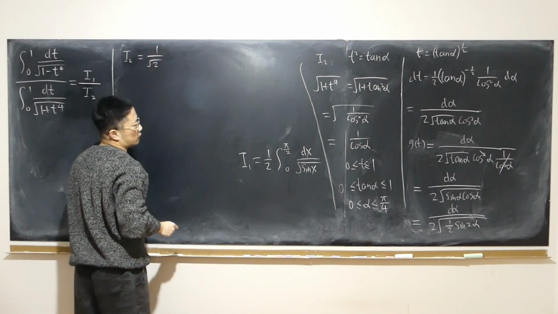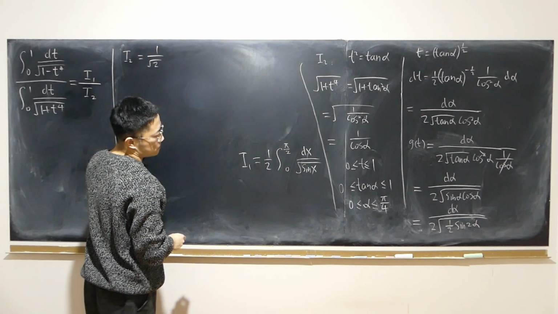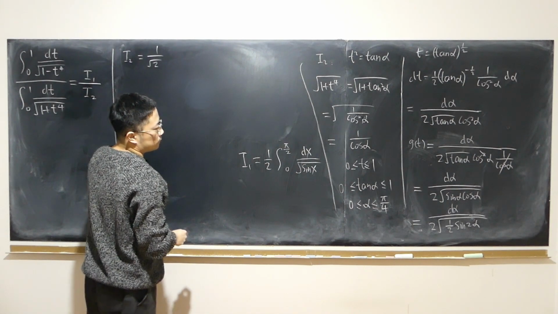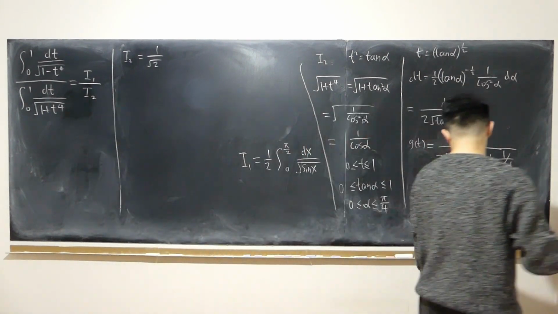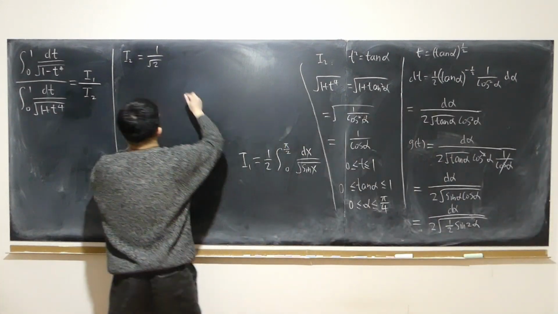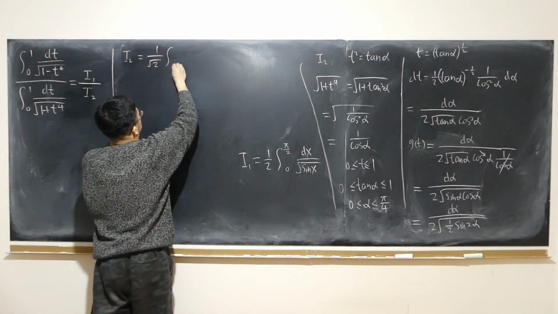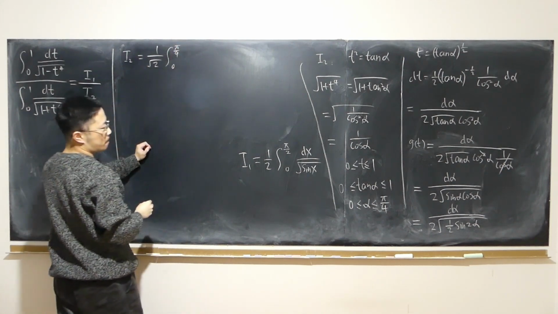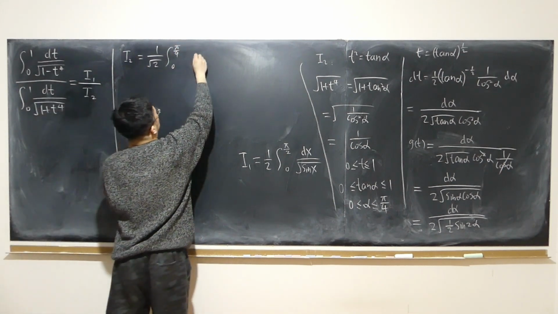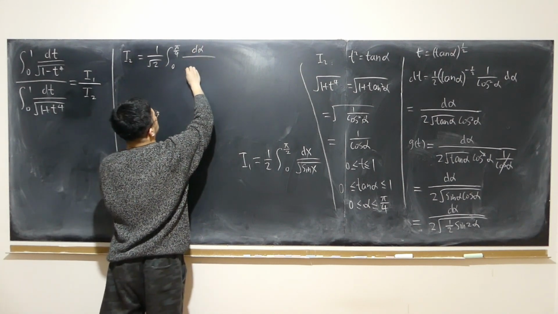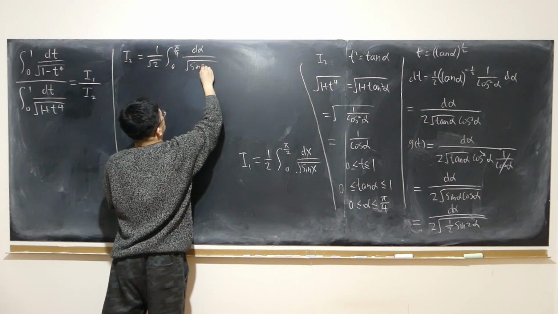I think that's the constant. Yes. So again, new boundary 0 to pi/4, d alpha over the square root of sine 2 alpha.